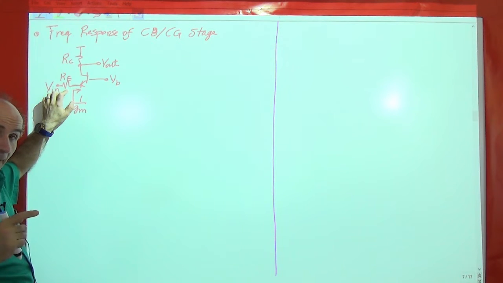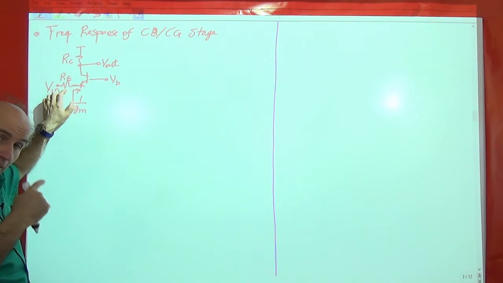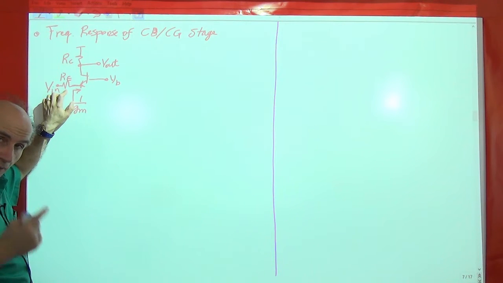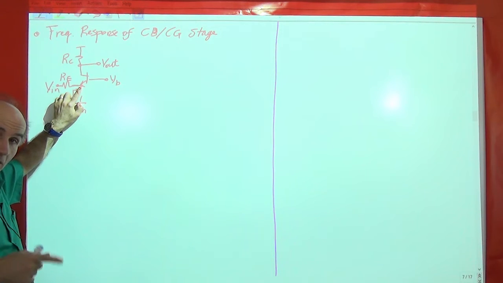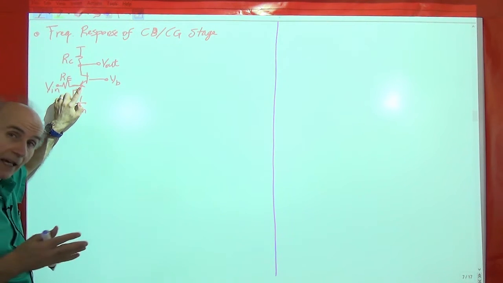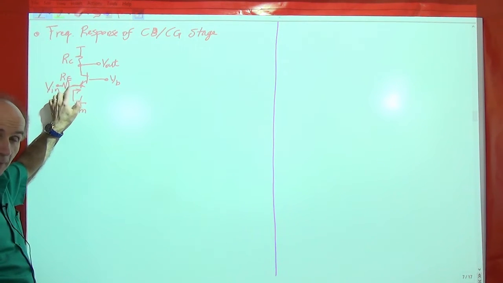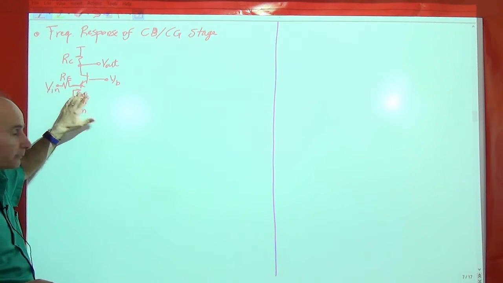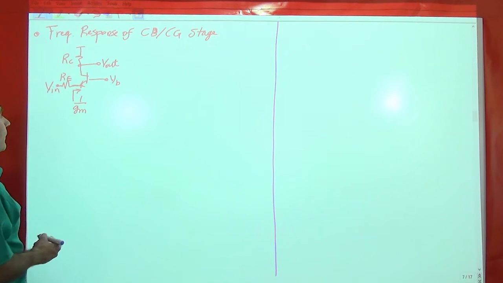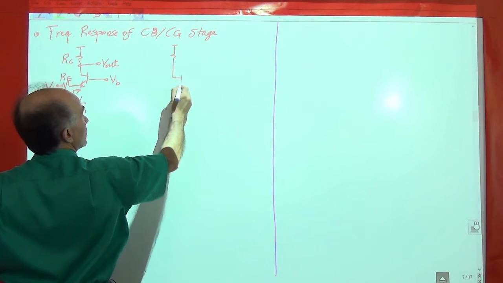I said that in the common emitter stage, we do not deliberately add the resistance in series with the input, with the base. But here, in some cases, we do, because it turns out that this resistor provides emitter degeneration, and emitter degeneration provides higher linearity for the circuit. So that's beyond the scope of this course, but sometimes this resistor is actually added deliberately, not just modeling something before it. Okay, all right, so similarly for the common gate stage, we have a situation like this.